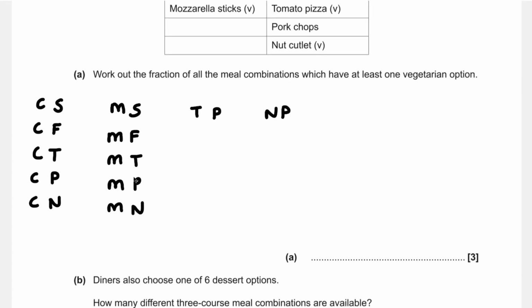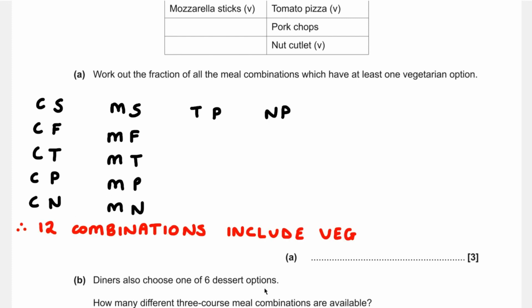So how many do we have over here? We have 12 combinations which include veg.